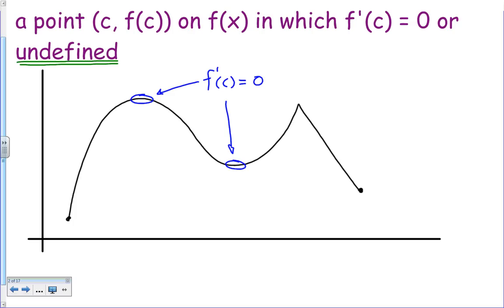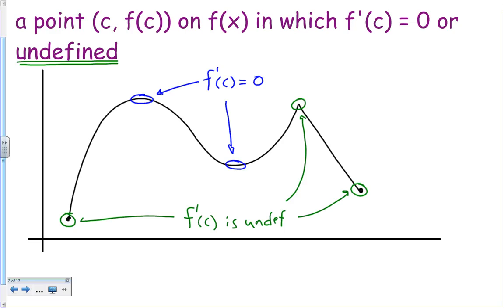And then you also have these endpoints, as well as this point right here, which is called a cusp, remember. And this would be where f prime of c is undefined. Okay, all of those are critical points of function f. I should label our graph here that this is function f of x.